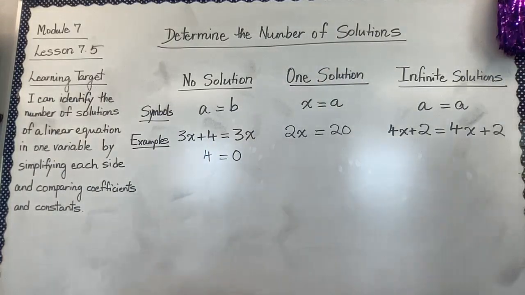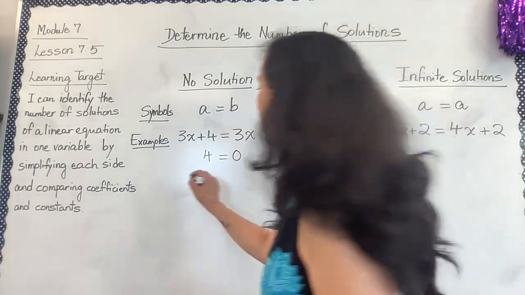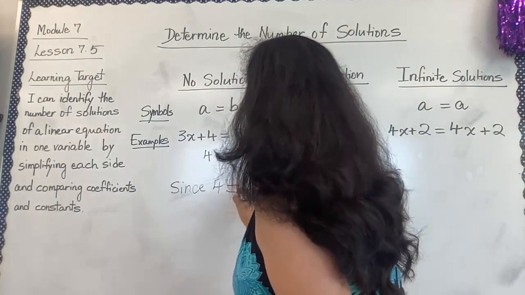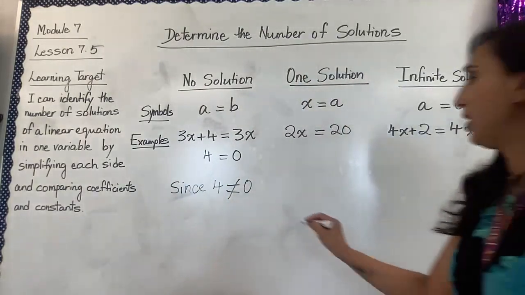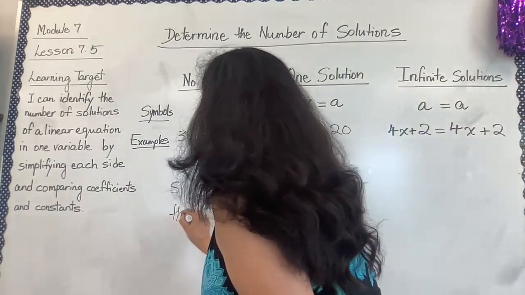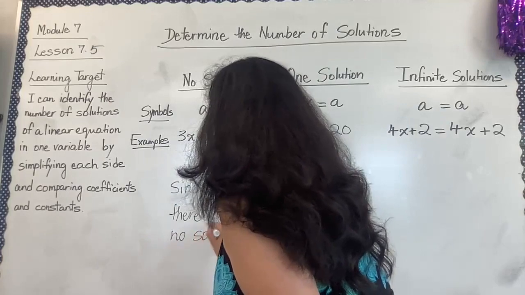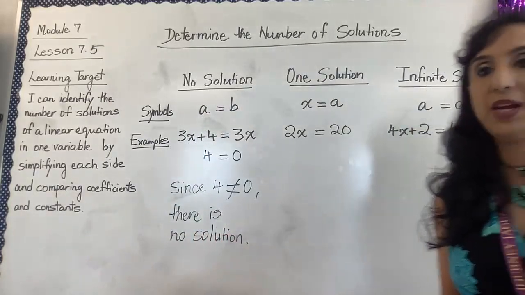Since 4 is not equal to 0, I mean, that's not possible. 4 is definitely not equal to 0. So there's no solution in this case because 4 cannot be equal to 0.